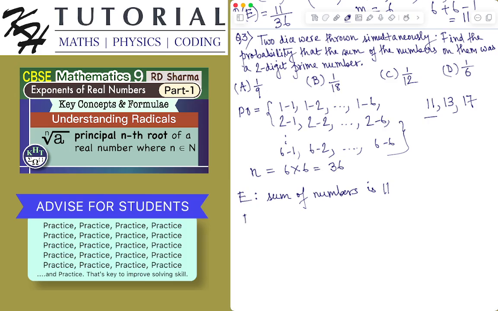So what are the favorable cases of this event in this experiment? What numbers we can have on the two die so that their sum is 11? I think there are only two. The number on the first die can be 5 and the other can be 6. And the number on the first die can be 6 and the other can be 5.